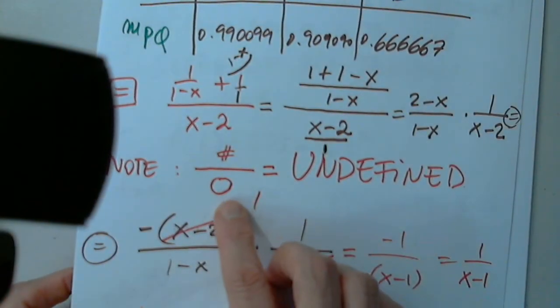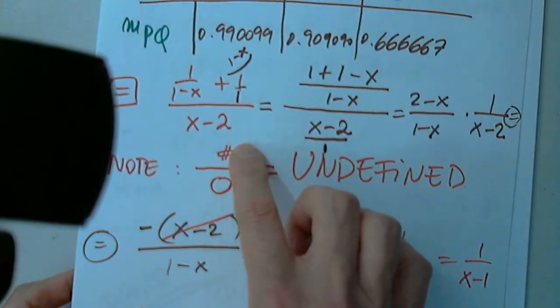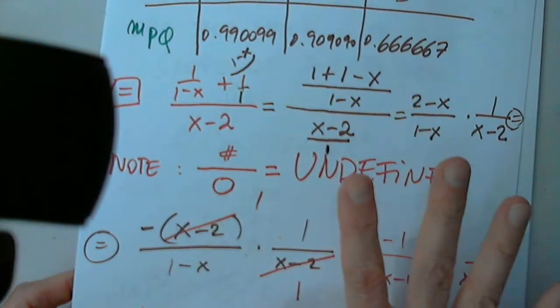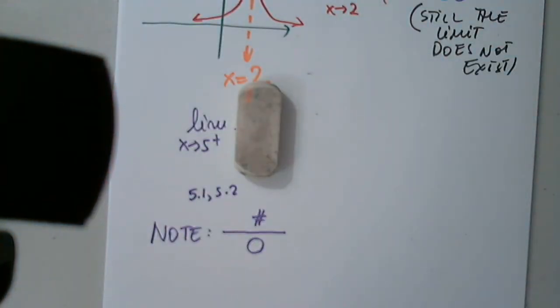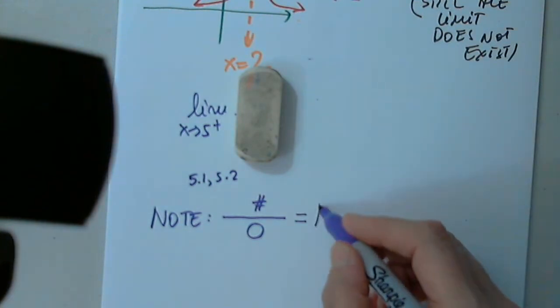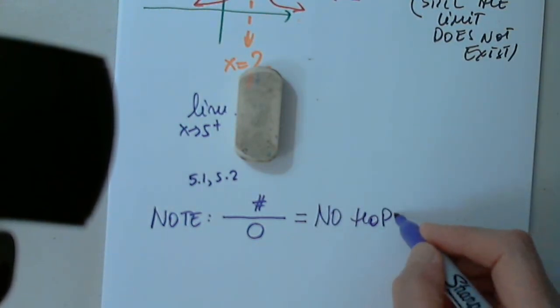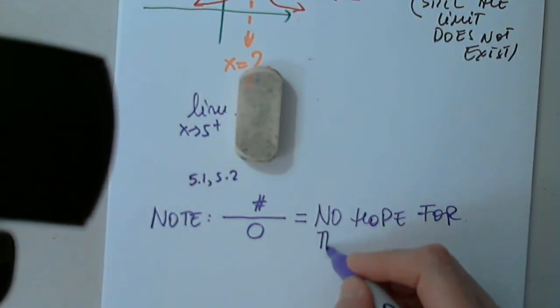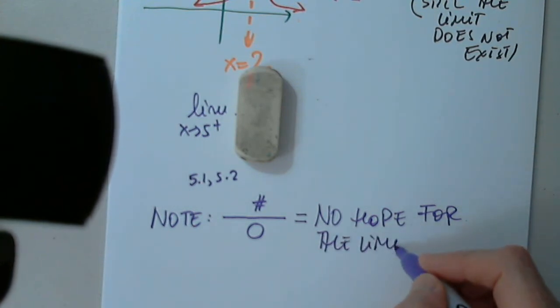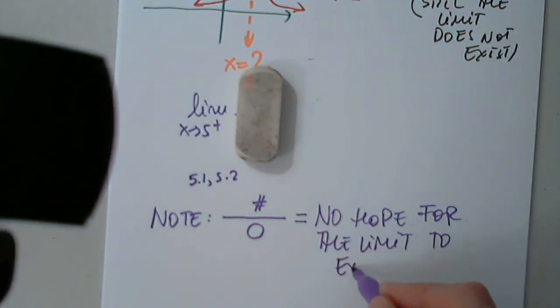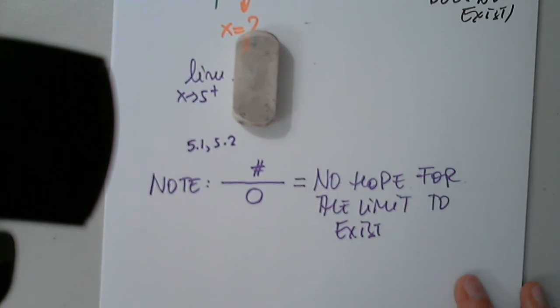You already told us that a number that is not 0 over 0 is undefined. True. But when it comes to limits, a number over 0 has no hope for the limit to exist. Ever. No hope.